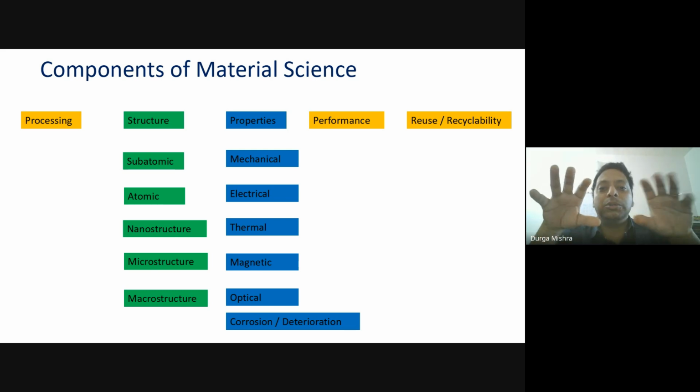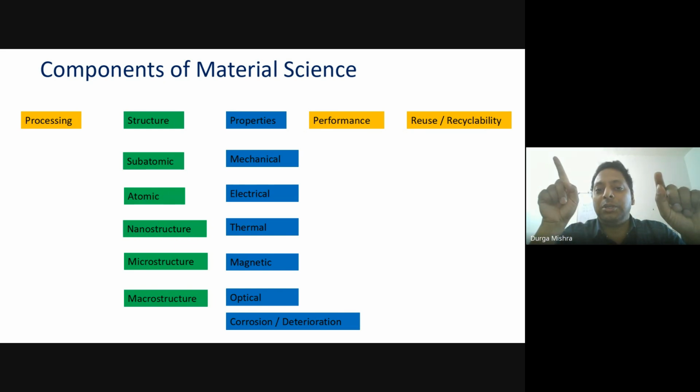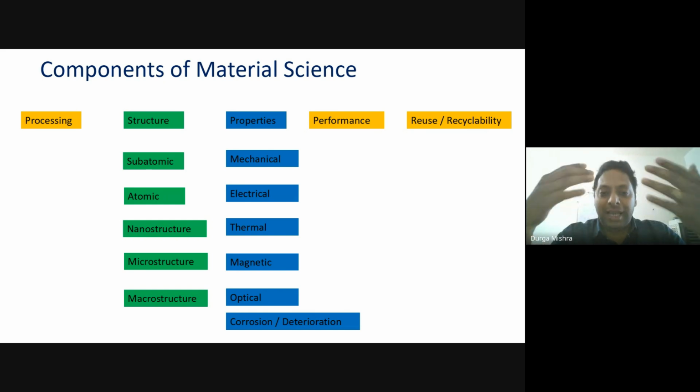So the second and third components comprise the material science aspect. So we are looking at the structure and how that structure affects the properties of a material. So the properties, these are like physical properties or chemical properties.